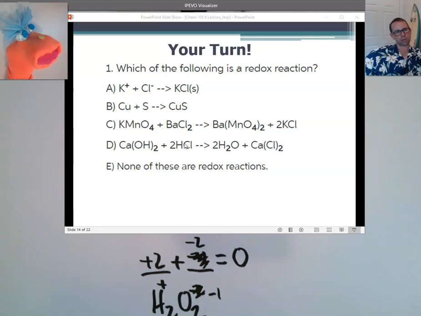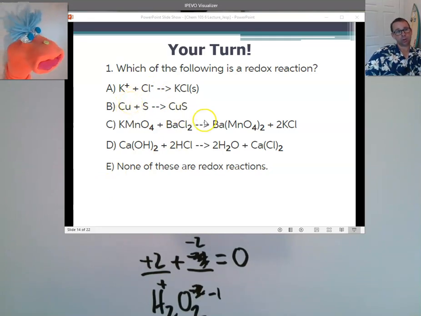They're not charged when they're together, but the oxidation numbers are the same. That's right. So what we're looking for is the change in oxidation number going from left to right. B is a redox reaction. Yeah, I can tell right now because copper has no charge, oxidation number of 0 initially. That's right. If it's an element by itself, that's 0.